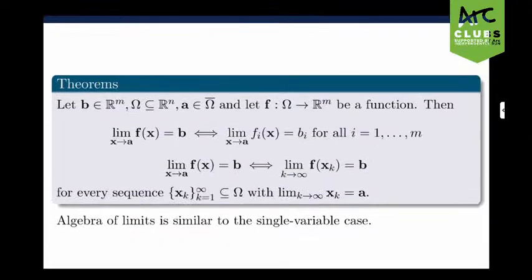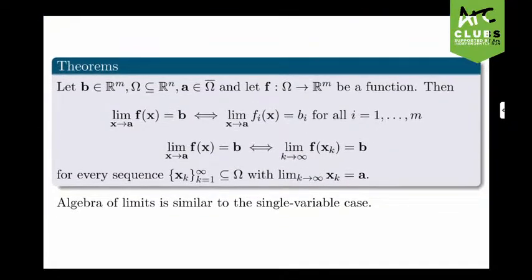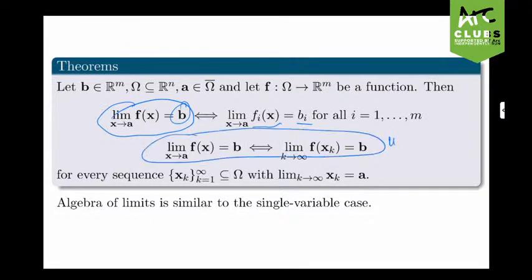Okay, these are a couple of limit theorems. These ones are quite important. First of all, if this limit exists, then each of the components of f converges to the corresponding component of B. And the second one is uniqueness of limits.